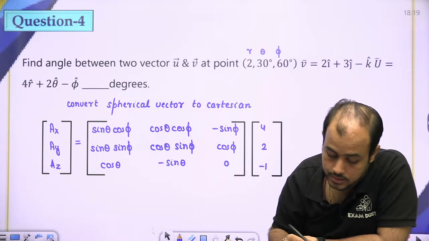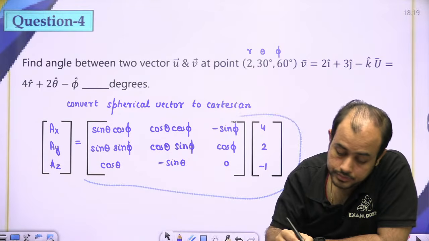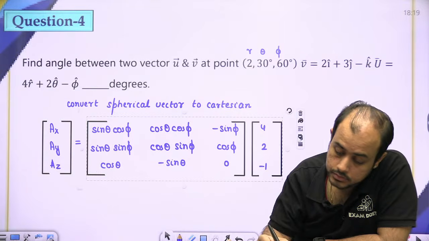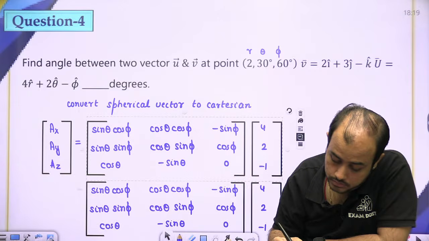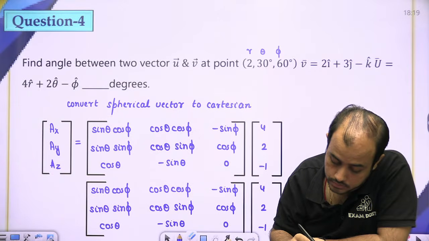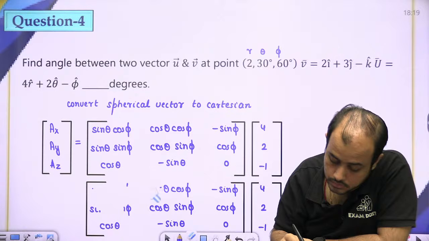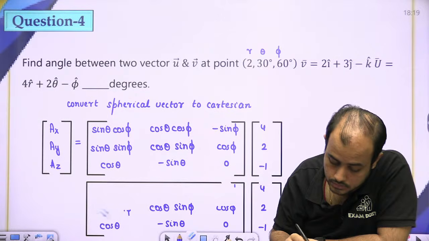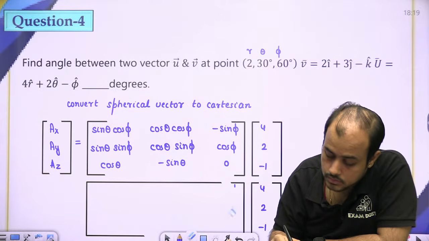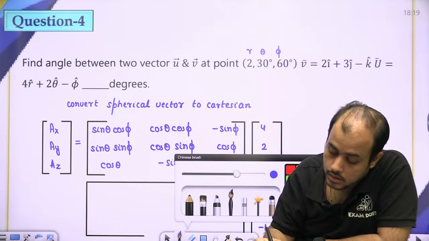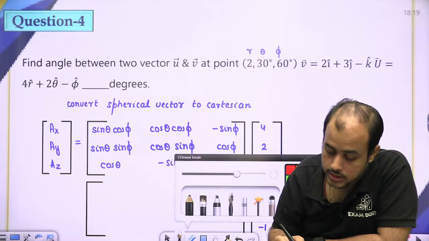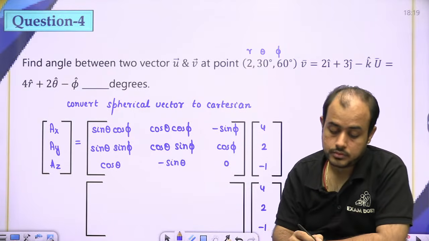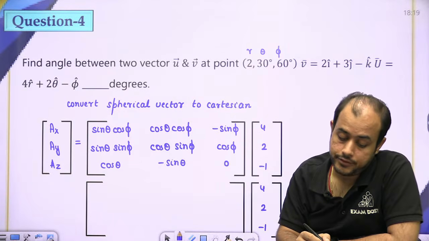Okay. Now, beta, we will put the values. Okay, theta is 30, phi is 60.